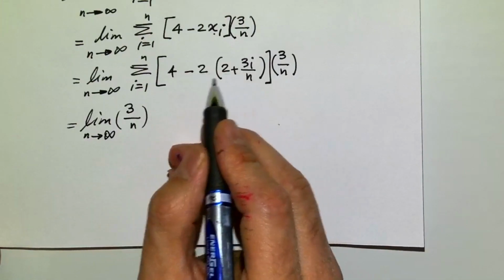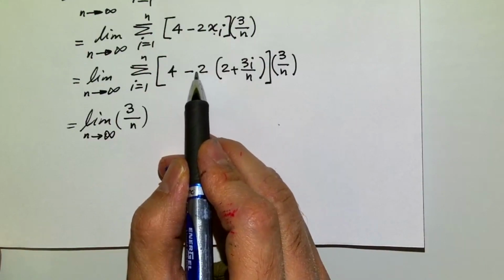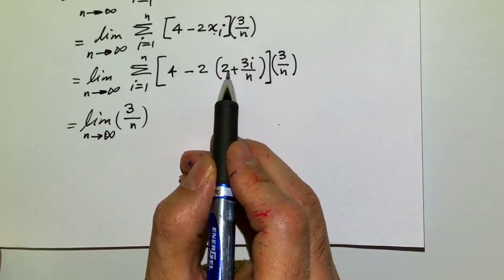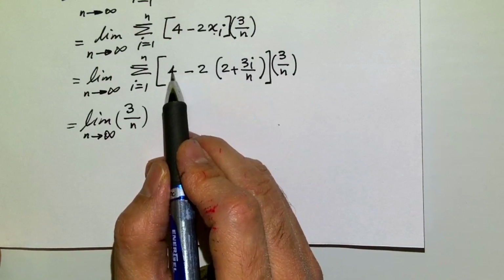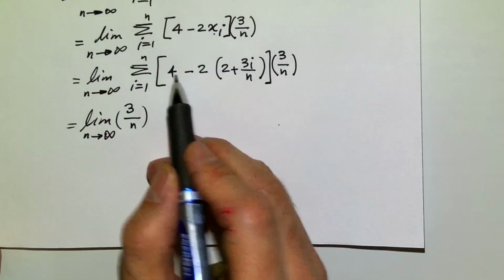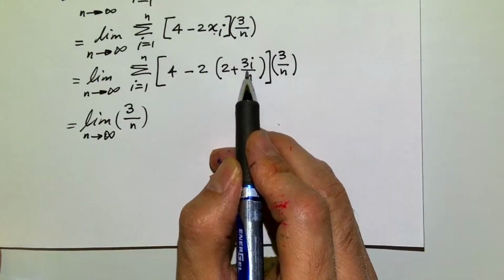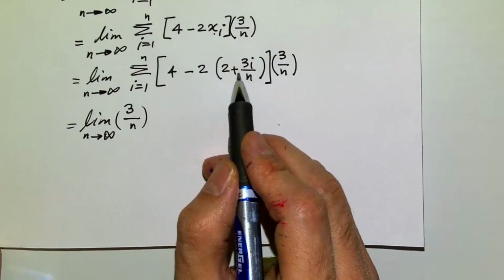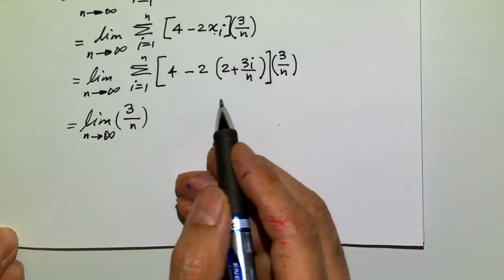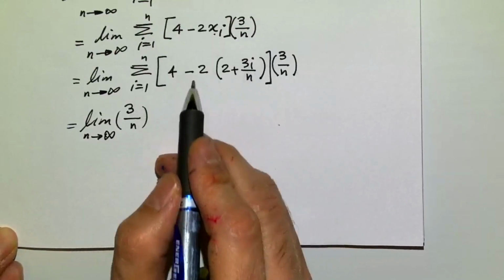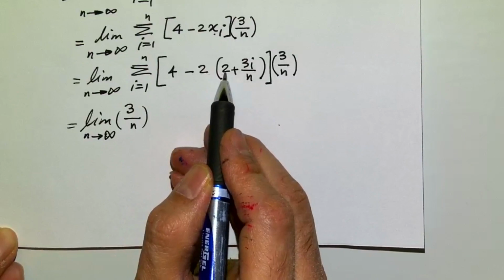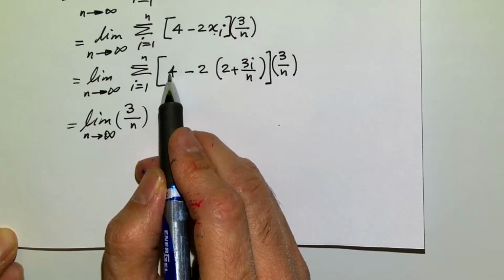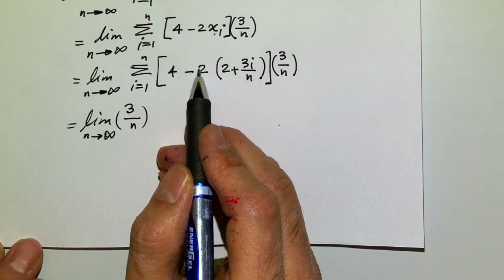So what do we have? We have 4 minus that. So distribute this. Minus 2 times 2 is minus 4, plus this 4, that's 0. And then minus 2 times 3i over n, it's minus 6i over n. So if you simplify all of this, the minus 4 adds to this plus 4, and they drop out, add up to 0.